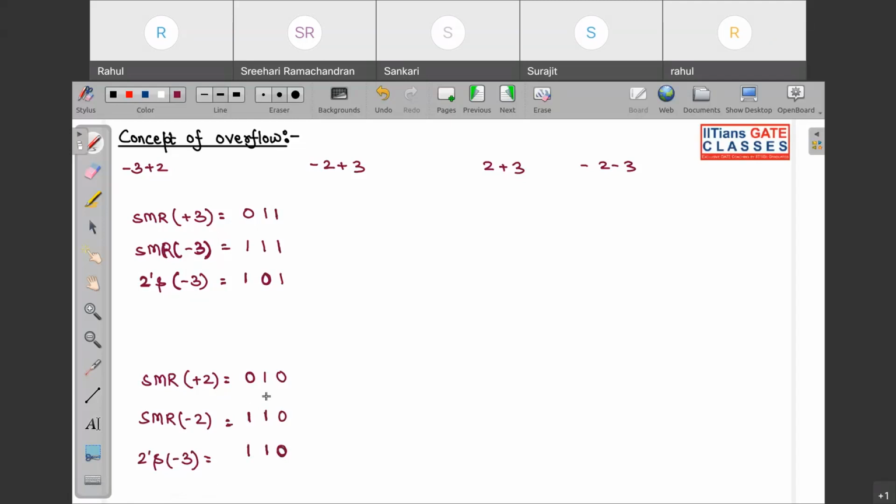Okay, is this clear? Are we getting something? Where will overflow occur? So what is this overflow? Let us understand very quickly.